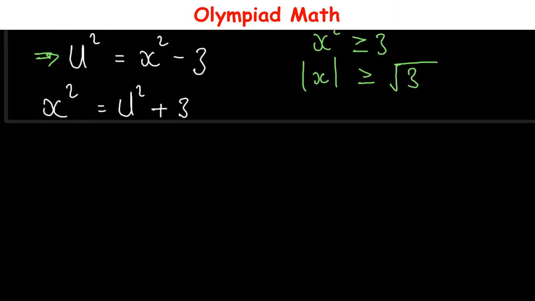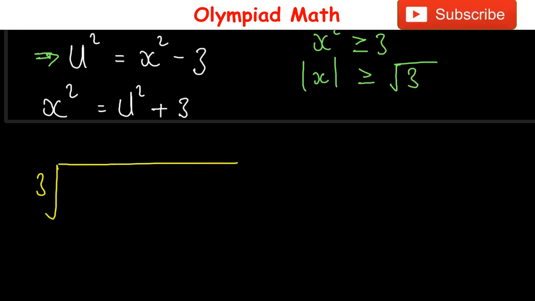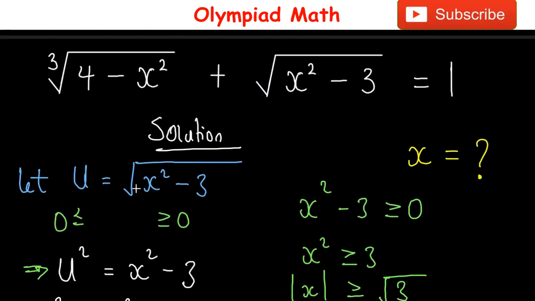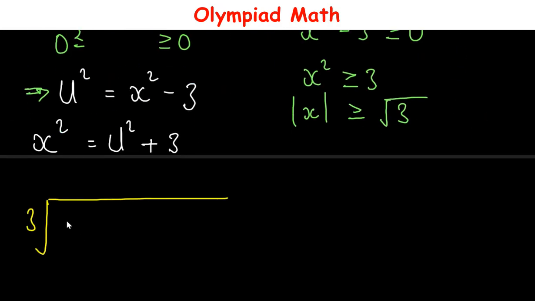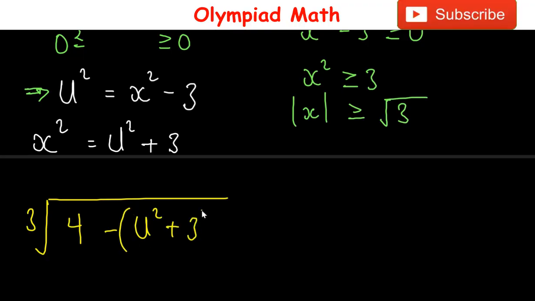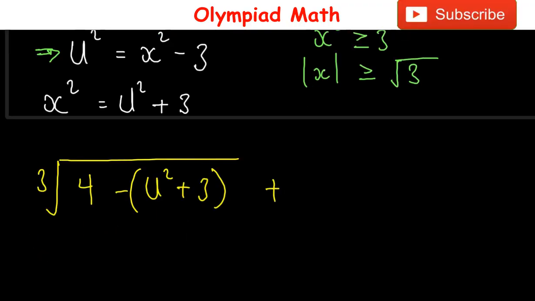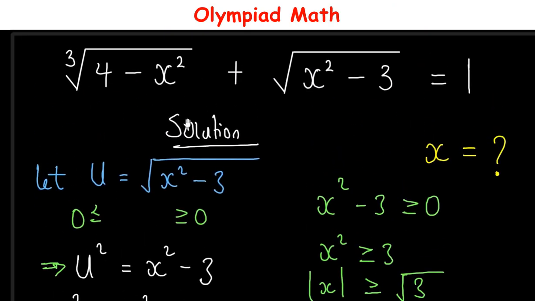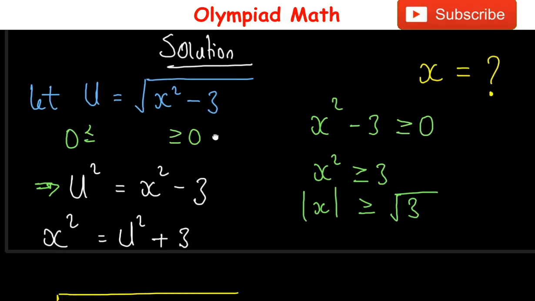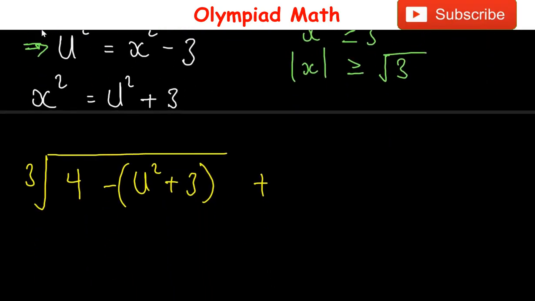So we have the original equation, which is simply the cube root of 4 minus x squared. So write down 4 minus x squared as u squared plus 3, then plus, right here, we have that the square root of x squared minus 3 is equal to u. So writing down u in place of that, plus u, and this is equal to 1.